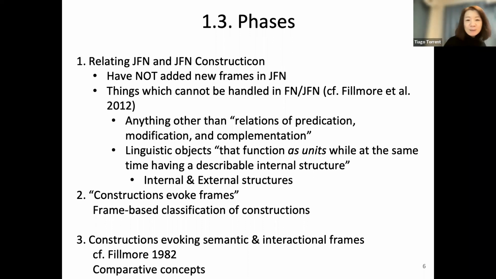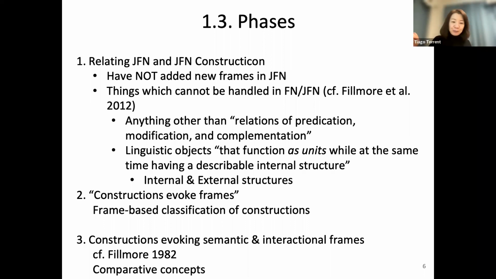Interactional frames were originally proposed by Chuck Fillmore in one of his seminal, earlier papers on frame semantics, but it hasn't really been followed up, especially in the frame semantics literature. I think there are linguists who more or less exclusively work on interactional frames, but not too many people work on both semantic and interactional frames.